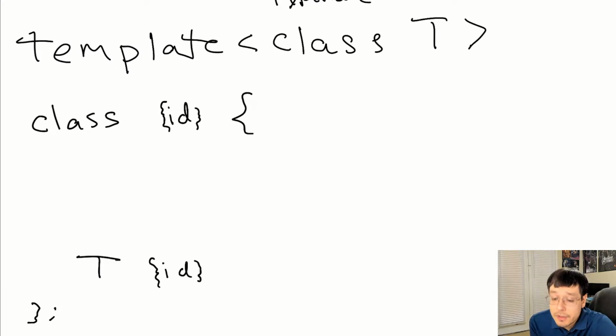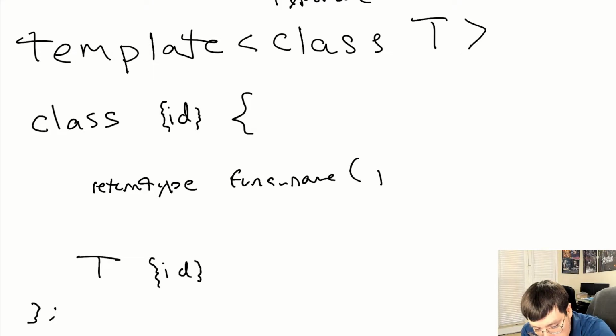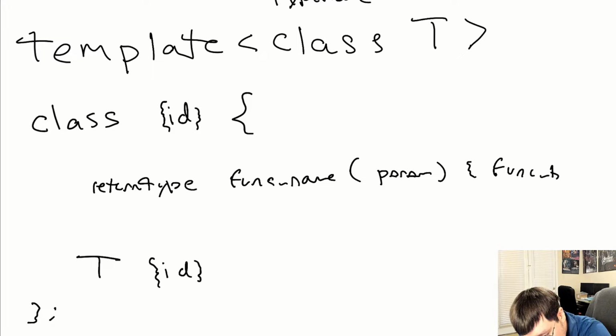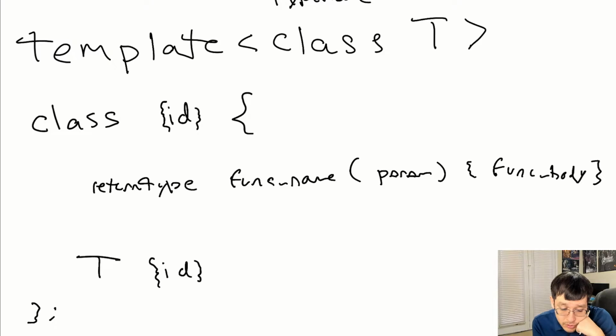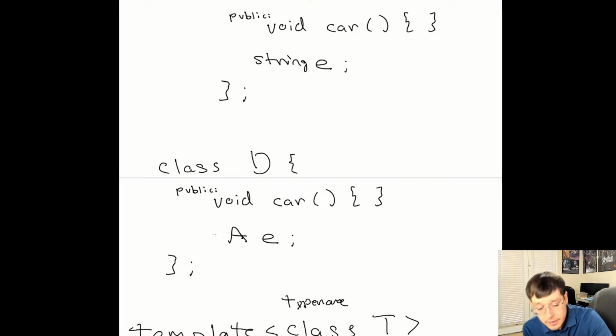If you want to make a template function, you go for it: return type, which could be the template, function name, parameters, which could be templated, and then function body. And so on. So this is what it looks like. Now let me show you what it looks like in this specific case, if we want to combine all of these.